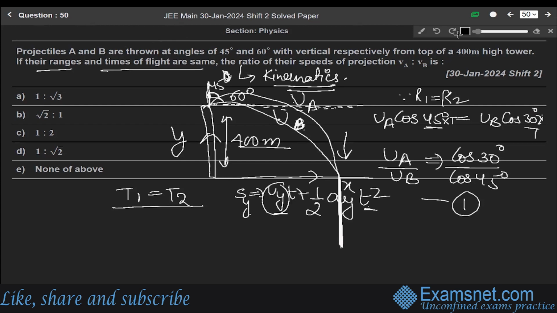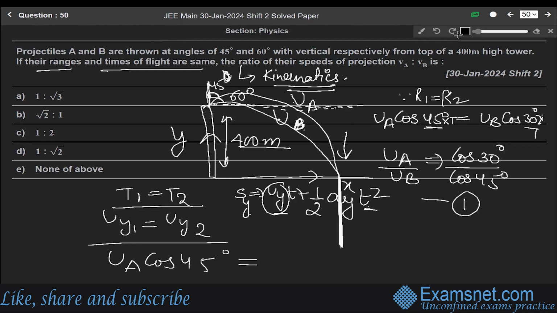So Uy will be same. So for this, Uy1 will be equals to Uy2. Since Uy1 is equals to Uy2, then UA cos 45 degree will be equals to what? UB cos 60 degree for vertical motion, na? UA cos 45 degree will be equals to UB cos 60 degree.